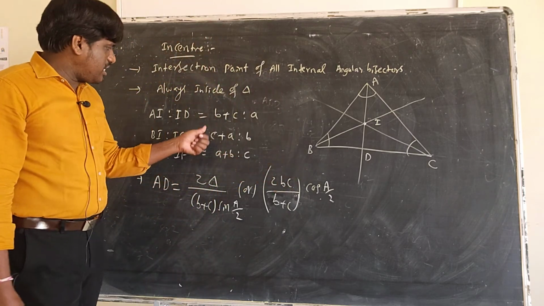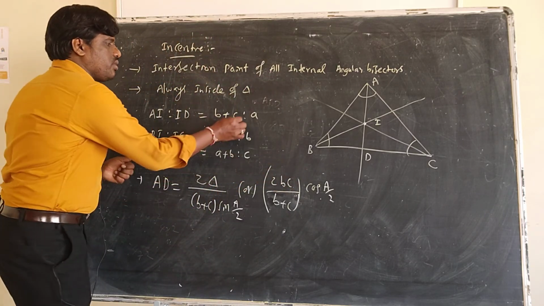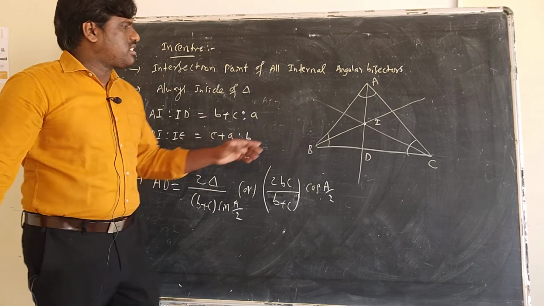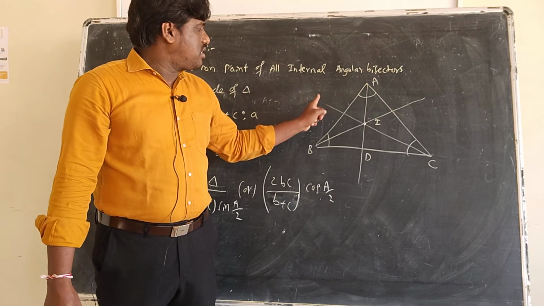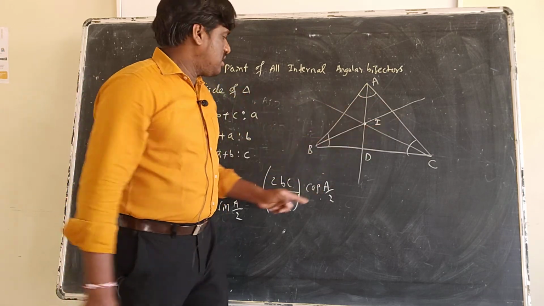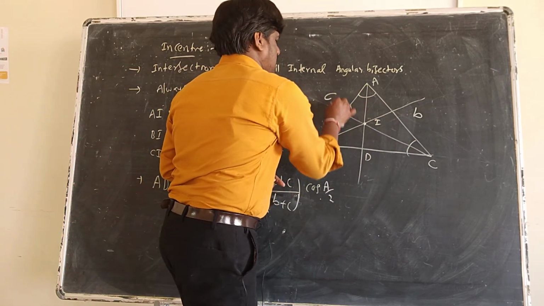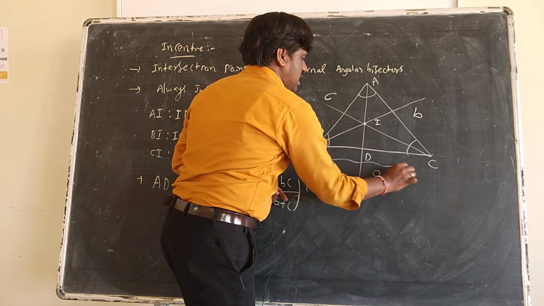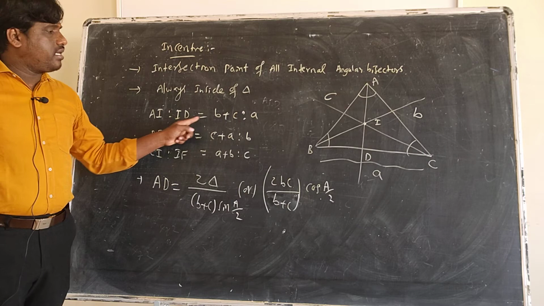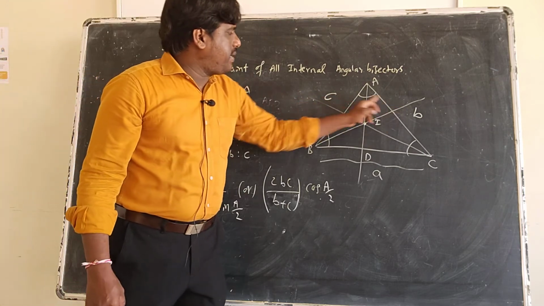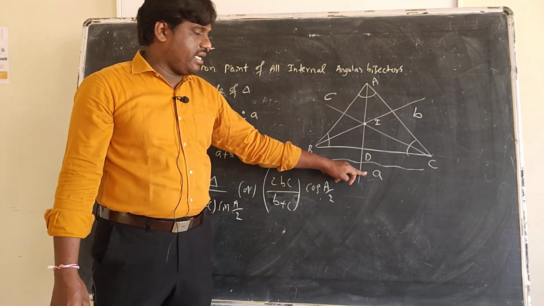The ratio will be B plus C to A. Suppose I want to find this AD: this is B, this is C, this length is A. So AI to ID will be B plus C to A.